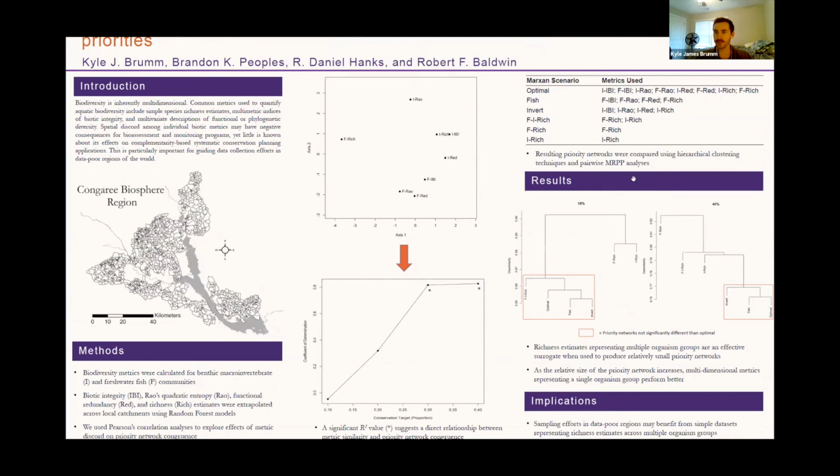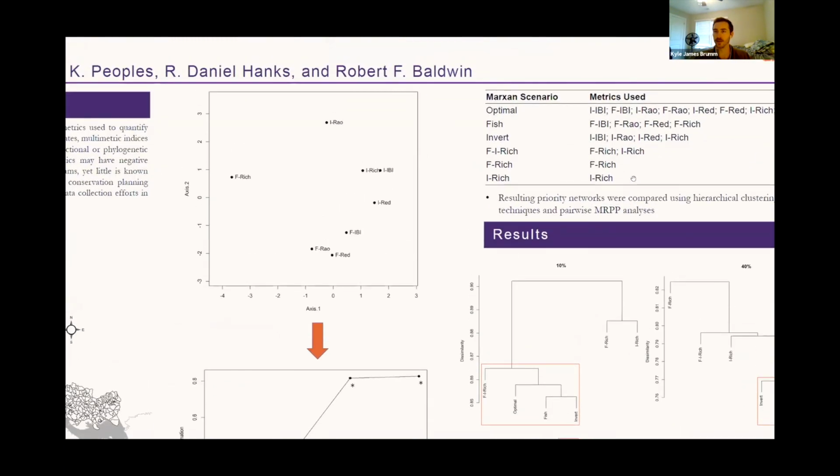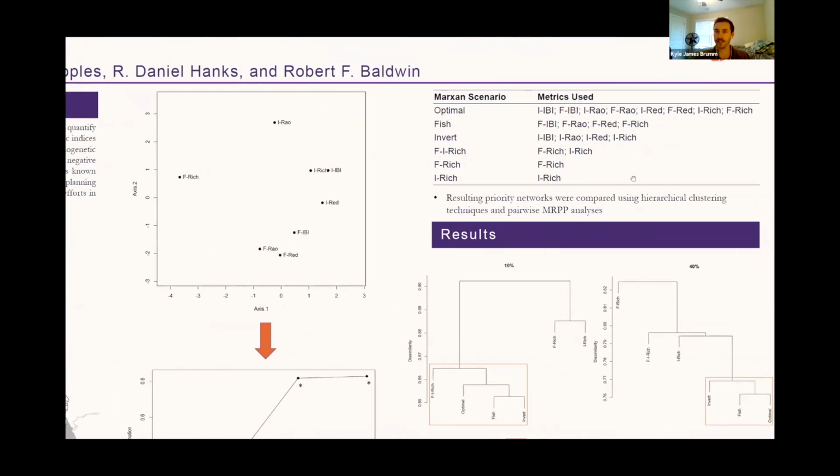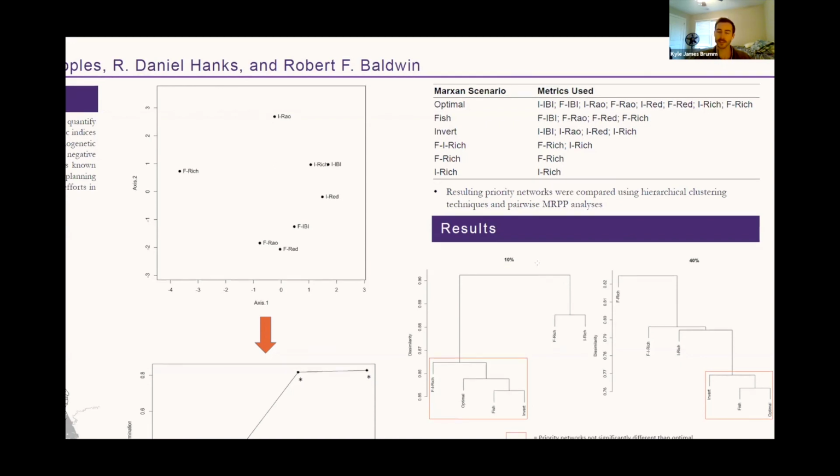And so then to kind of tie this into more of a real world application, now that we've done the exploratory analysis, we developed different scenarios, right? So this optimal scenario represents all 8 metrics simultaneously. And then the fish metric is going to represent a data set that only has fish data, or only invertebrate data.